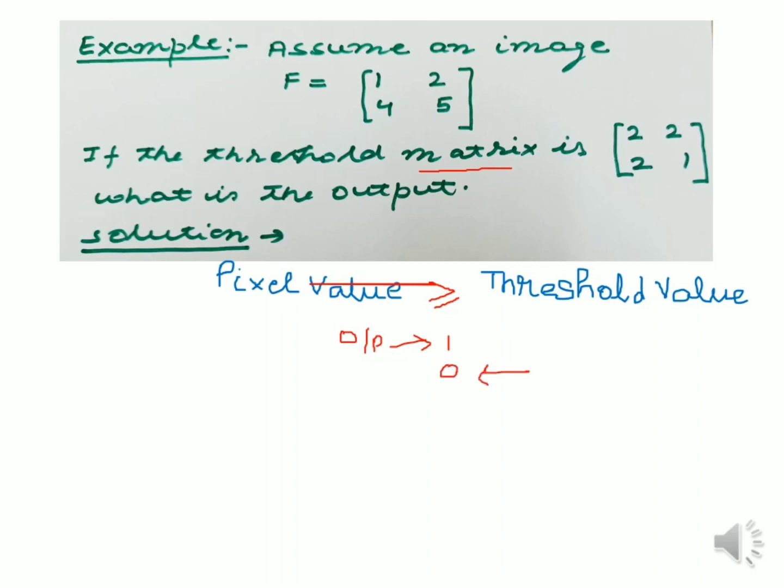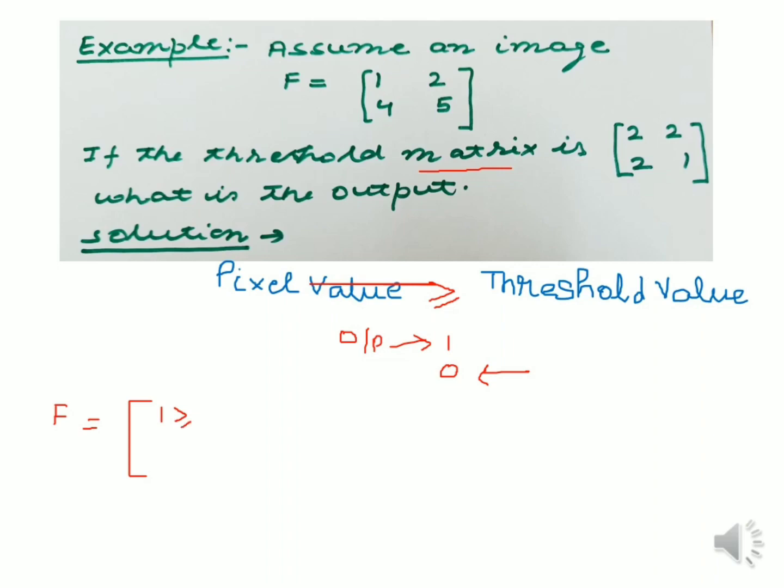So applying the threshold process using the given image and threshold matrix, the comparison can be done as follows. The first pixel value intensity is 1. It will be compared with the first component of the threshold matrix.